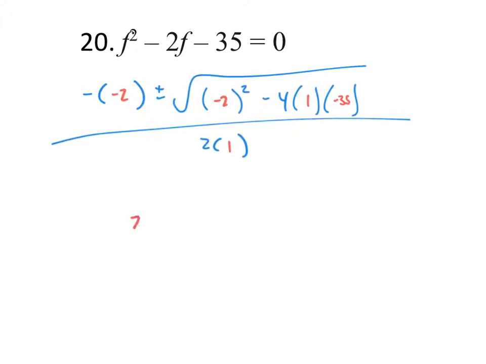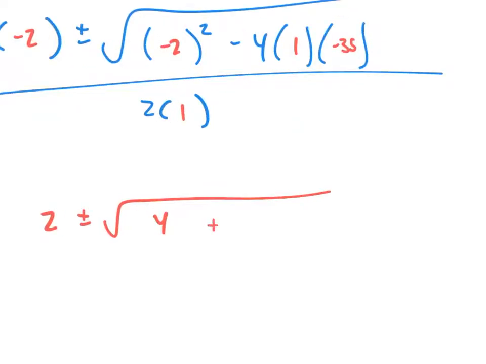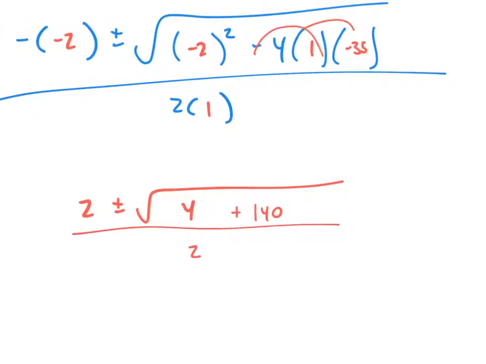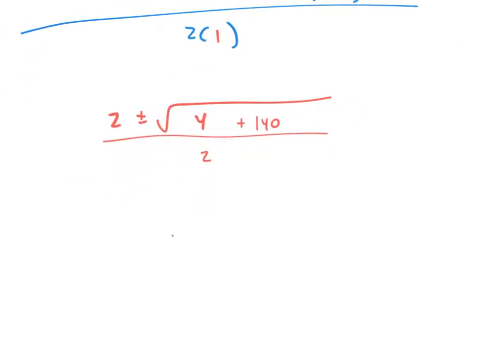So we get a 2 plus or minus a 4, and then we'll get a plus because we have a negative 4 times 1 to get a negative 4 times a negative 35, so that negative times negative turns positive, 140 all over 2, which means the part underneath the square root here is 144.